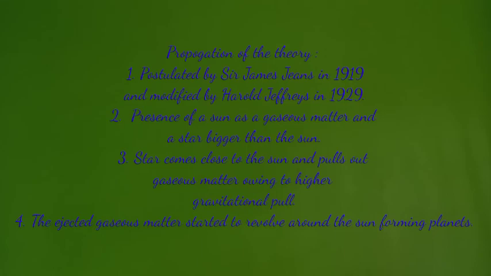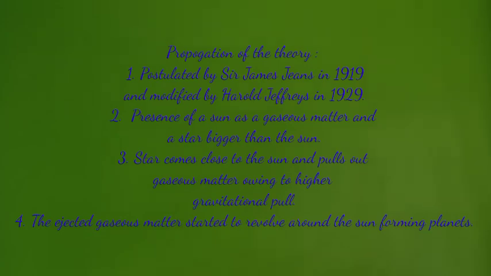As per the theory, there existed two heavenly objects. One was the sun, which is gaseous matter, and the other was a star which was much bigger than the sun. So according to the theory as discussed by Sir James Jeans and Harold Jeffreys, the bigger star accidentally happened to come closer to the sun.